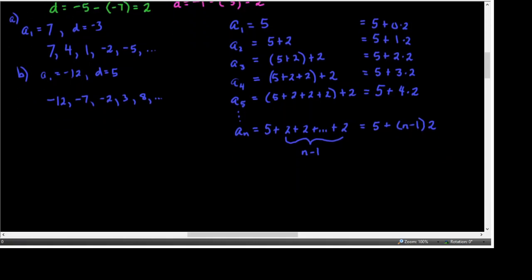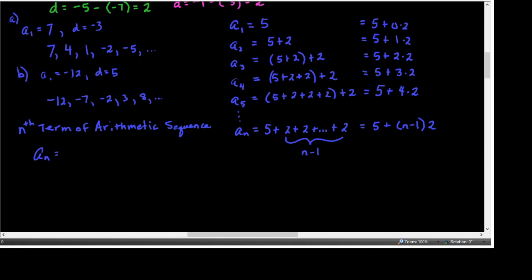As it turns out, we can use that to build a formula for the nth term of an arithmetic sequence. Using that process that we did over there to the right as a model, we could say that the nth term a sub n will always be, well, in that example it was 5.